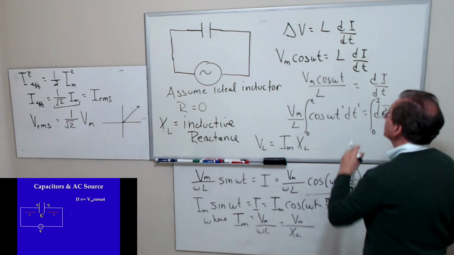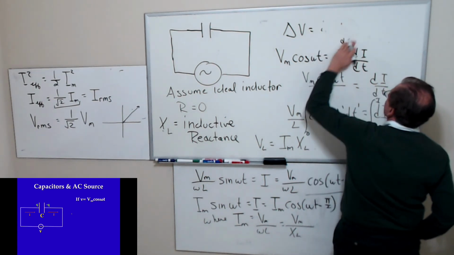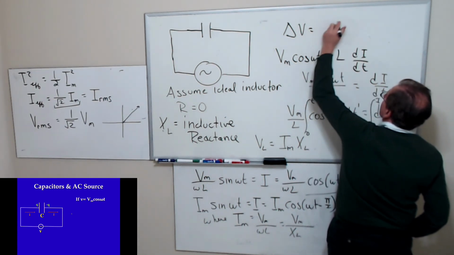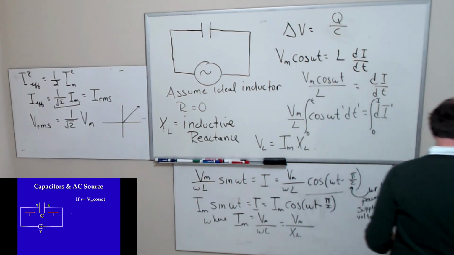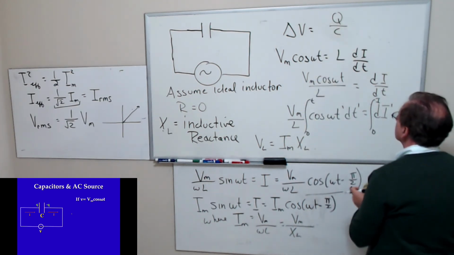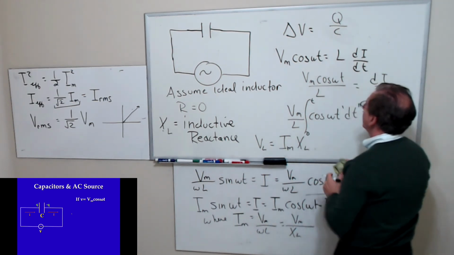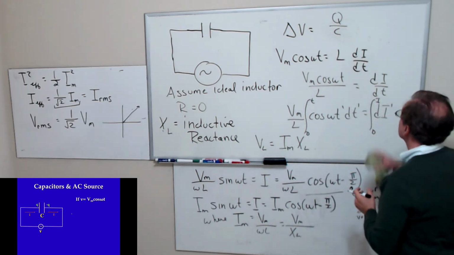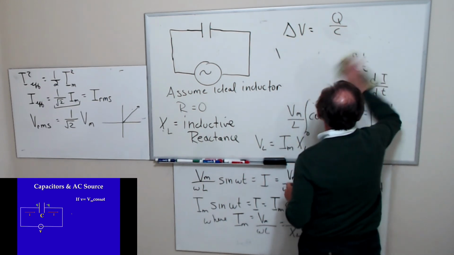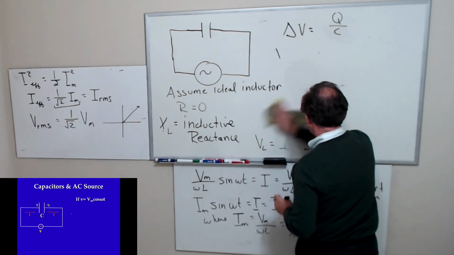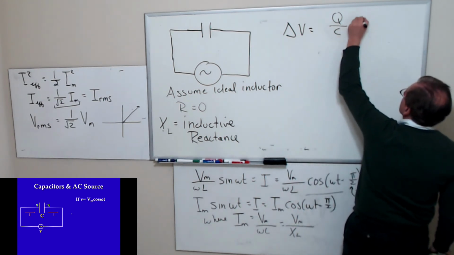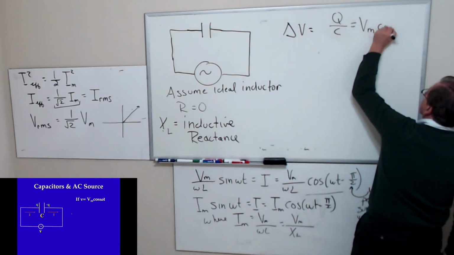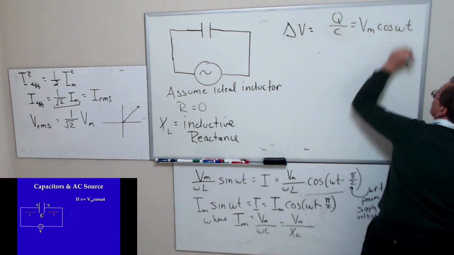Well, it's Q over C, right? So what is I going to be equal to? And so this is going to be V max cosine omega t.